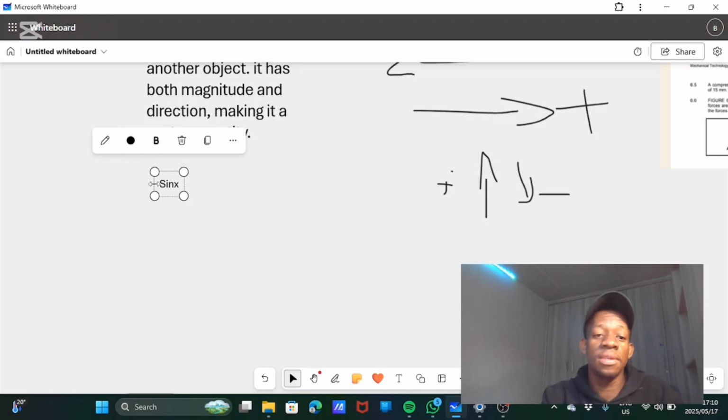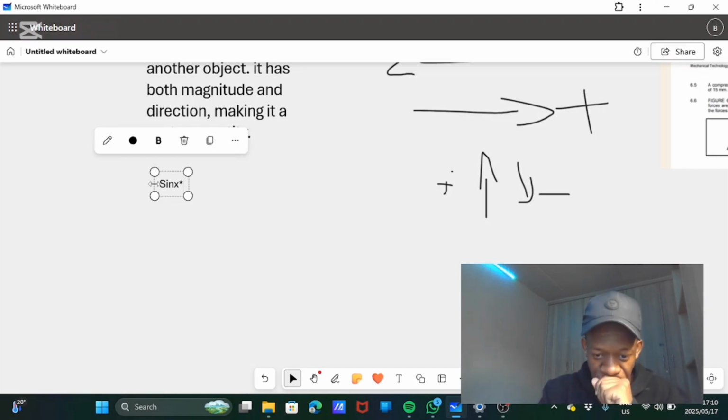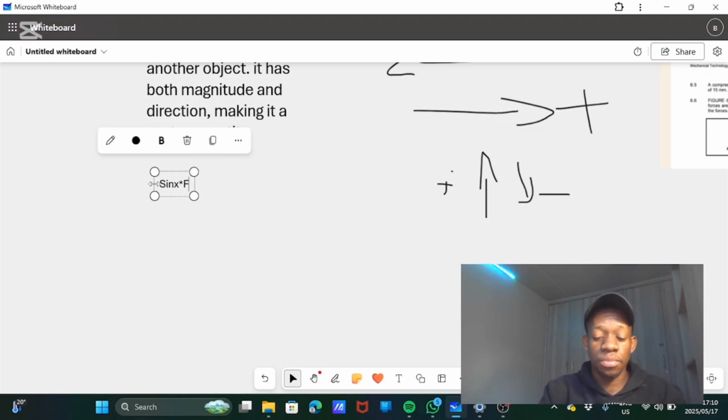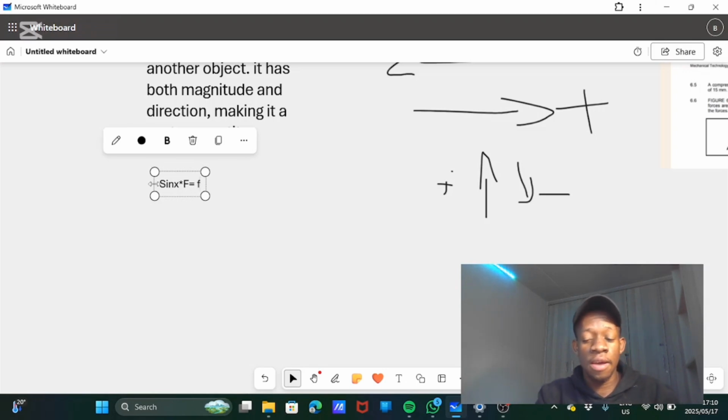We don't have a theta, so let's call it x, times the force, is equal to F vertical.